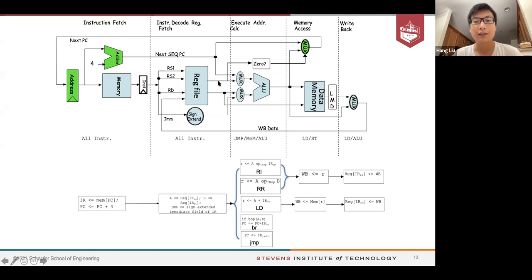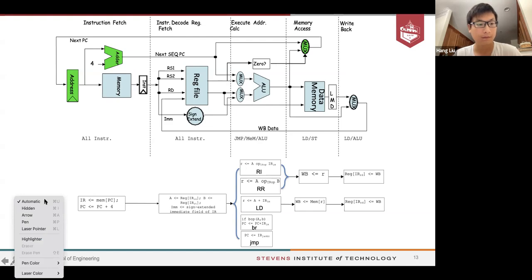In the calculation, assuming you have 2 register sources, RS1 and RS2, which is a very typical case, you do the ALU calculation and pass it on. So for this one, it's the most complicated. It can be register-immediate, which means you have one as a register, right?